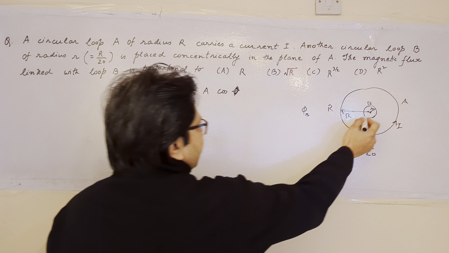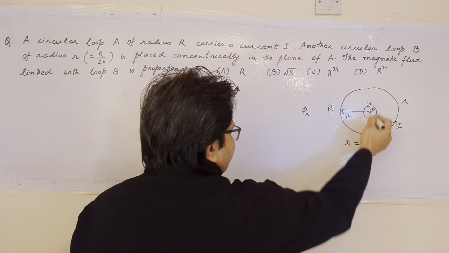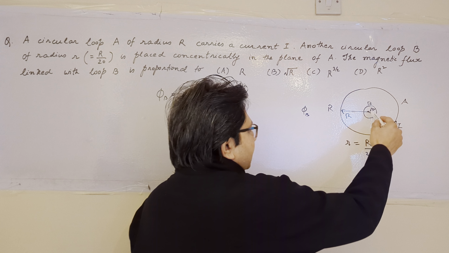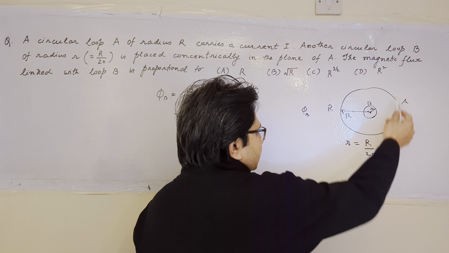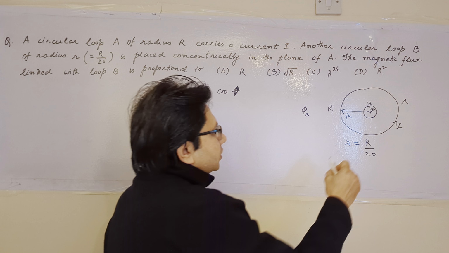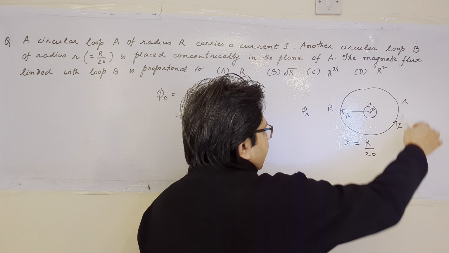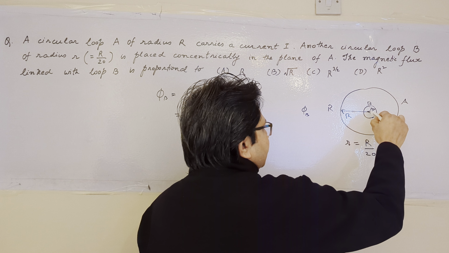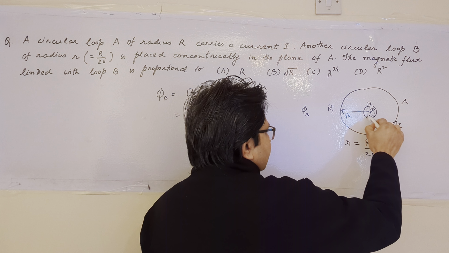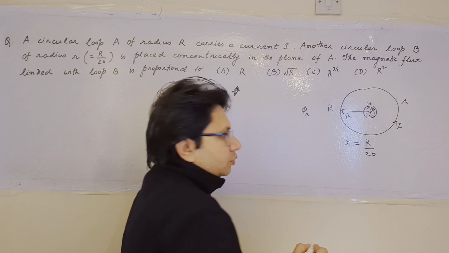Now B here is the magnetic field inside loop B. The magnetic field inside loop B is due to the current flowing in loop A, and due to loop A's current, the magnetic field inside loop B is almost uniform.